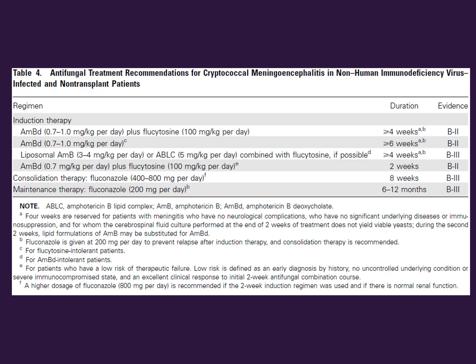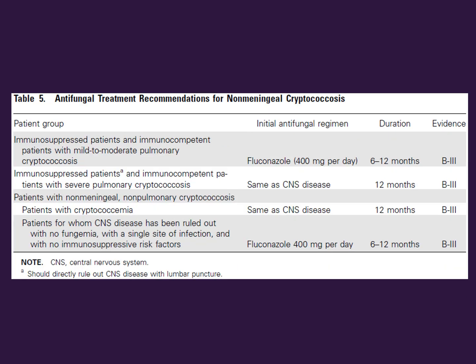In consolidation and maintenance therapy, fluconazole is given, and the dose is decided according to the regimen. In non-meningeal cryptococcosis, for example pulmonary and non-pulmonary cryptococcosis, fluconazole is the recommended drug of choice.